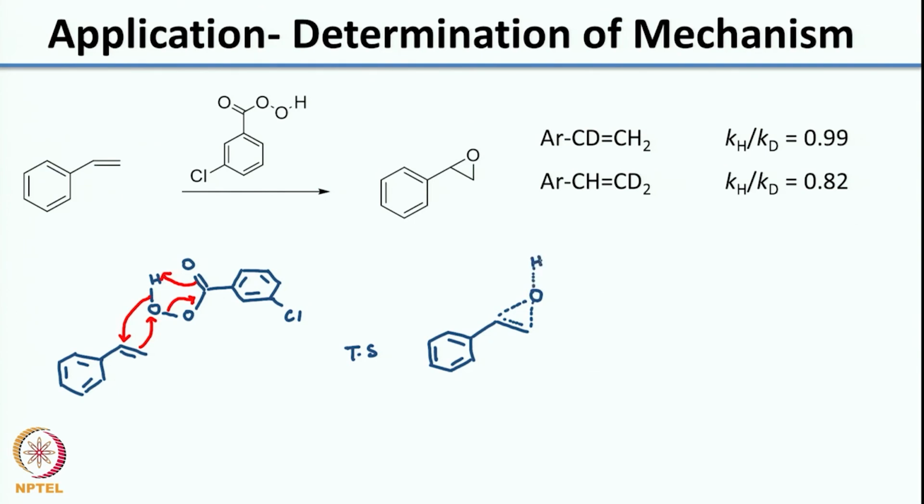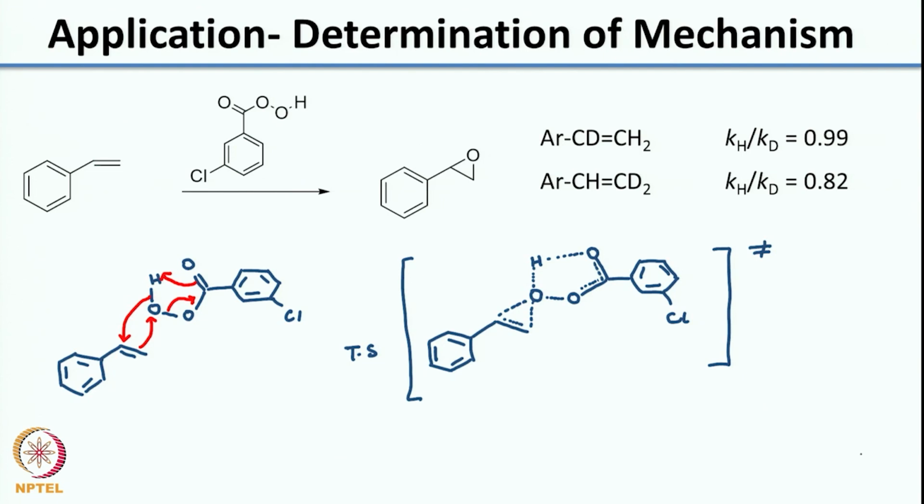This bond is breaking, this bond is also breaking, and then it is forming a new double bond here, and then you have a new bond being formed between the oxygen and the hydrogen, and here again nothing happens. So, we are just going to rewrite it. This is what your transition state will look like, and finally you have the product.